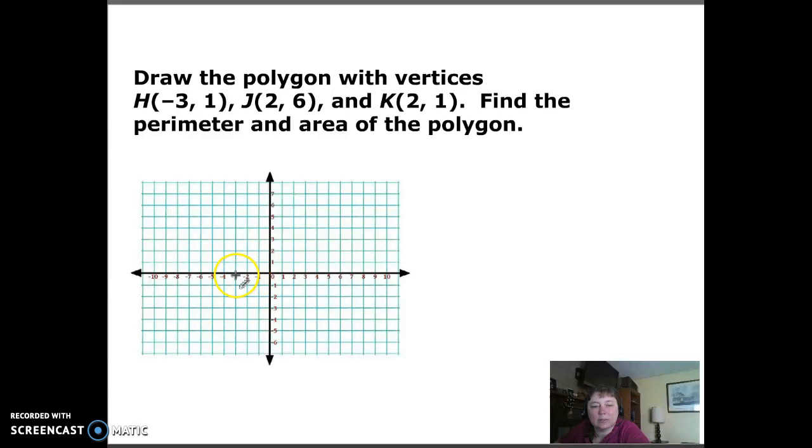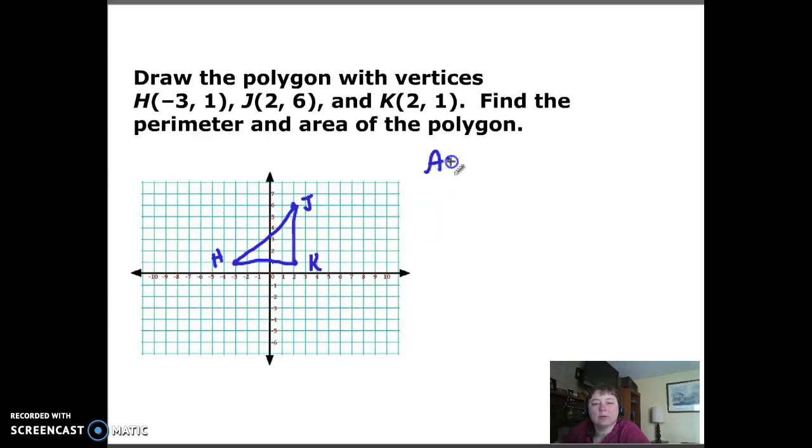Here's my H. J is at 2, 6. K is at 2, 1. We've got ourselves a nice right triangle.